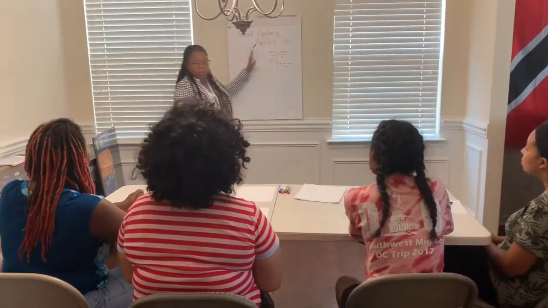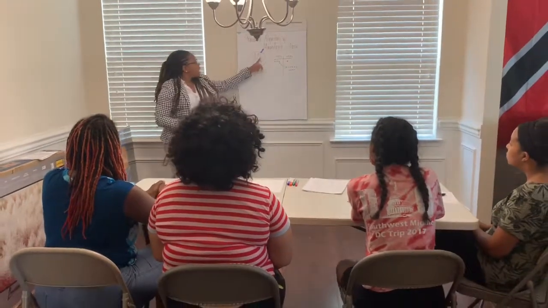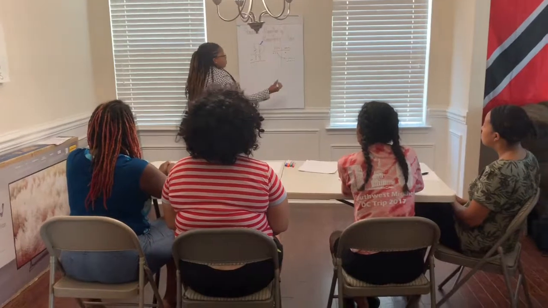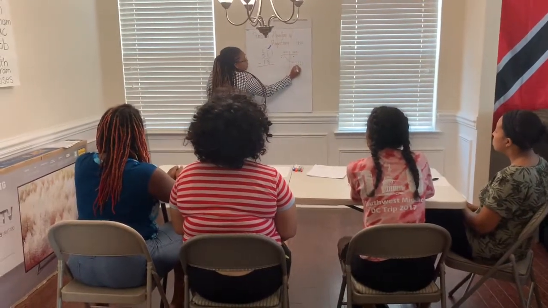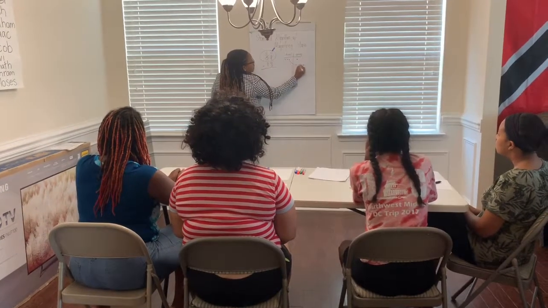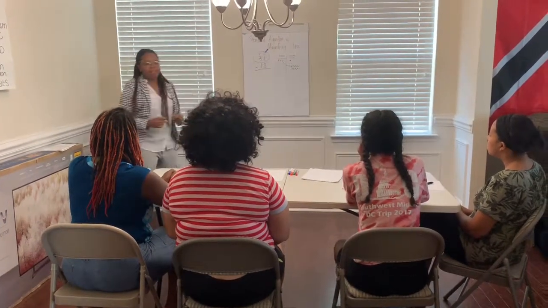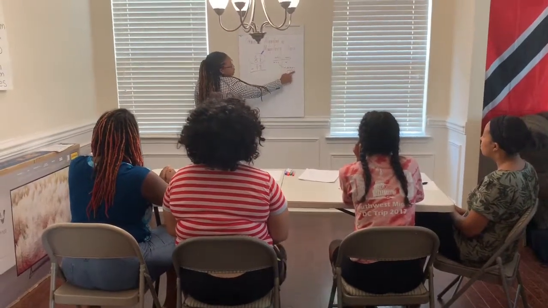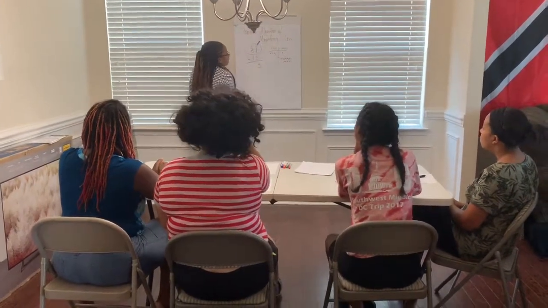Now I can go ahead and proceed with my subtraction. 11 take away 8. Doing my math first on my place value chart. 1, 2, 3, 4, 5, 6, 7, 8. How many 1s do I have left? 3. 1, 2, and 3. Excellent.